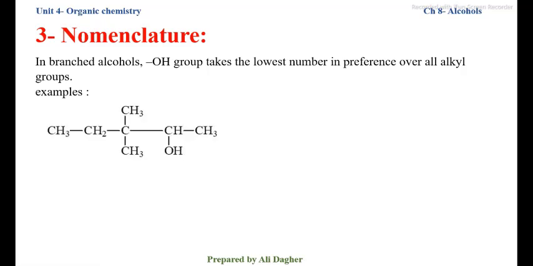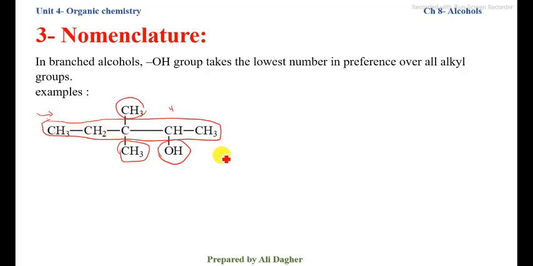Example, the main chain of this alcohol is the one on the line, which has the longest straight chain holding the hydroxyl group. And we have 2 methyl groups. Now, if we count from this direction, the carbon holding OH, its number is 4.